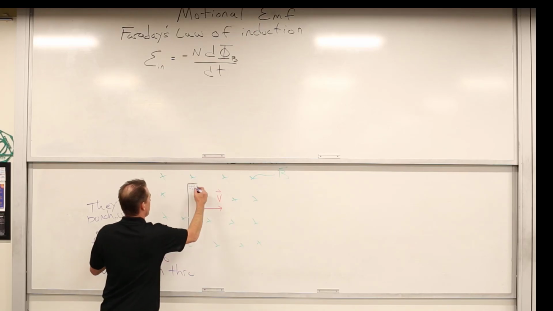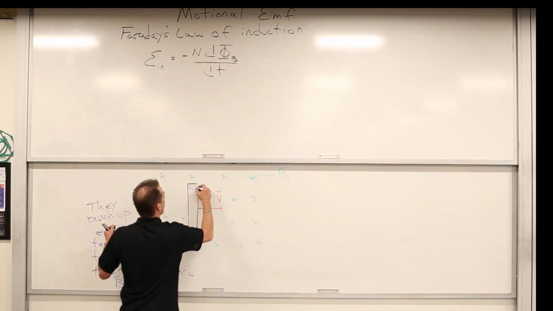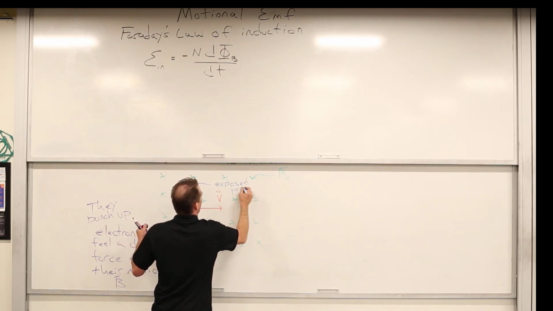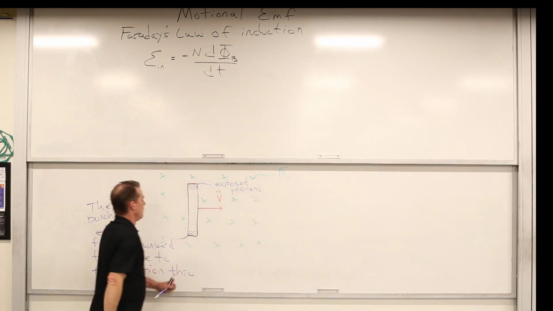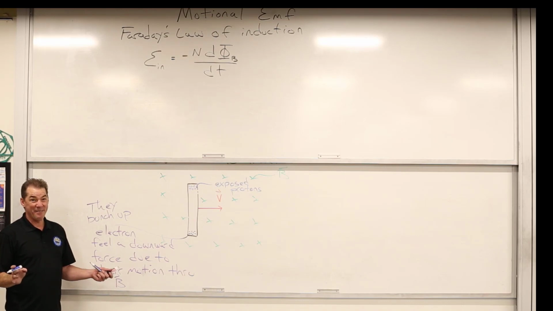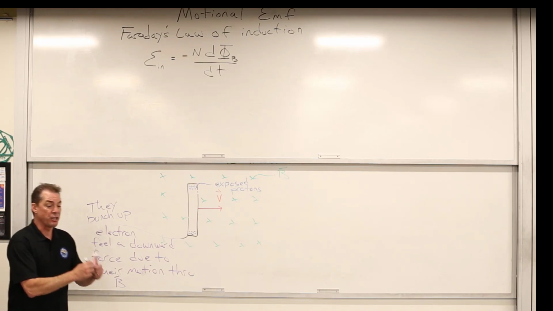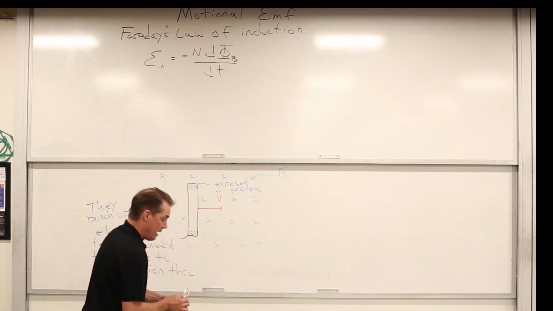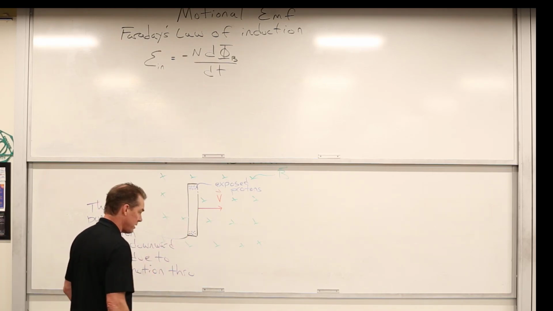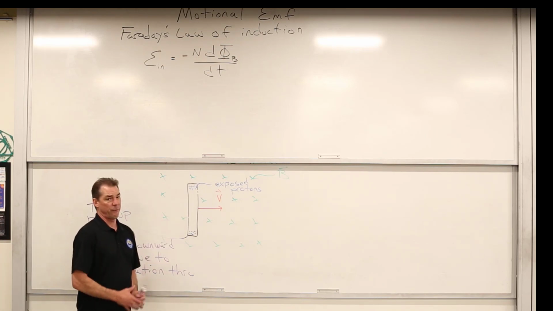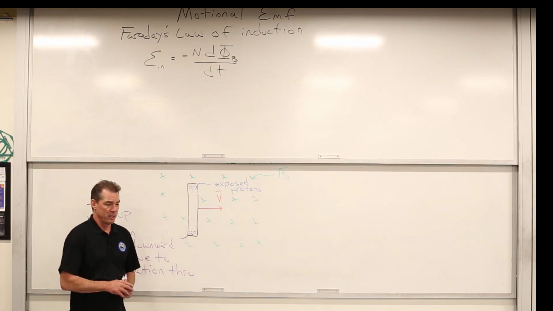At the top, there are now some exposed protons. What do we have? We've got a polarization within this bar itself. Separation, if you will, charge separation. And what do we know about charge separations? Well, there's going to be some sort of electric field associated with this.